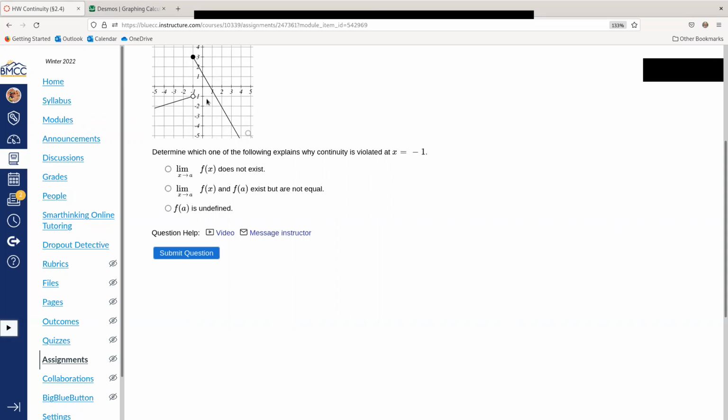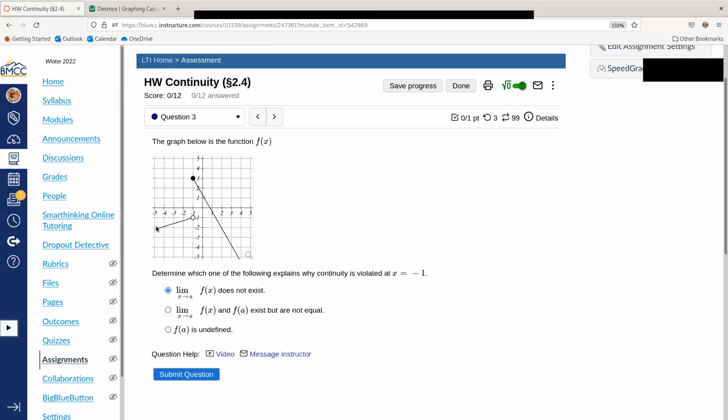Since it doesn't mention the left or the right side, the limit does not exist. So that's my reason right there. I can't even get to this rule because the limit doesn't exist. I can't talk about if they're equal because there ain't no limit. So that would be the reason I'm violating continuity here: what's happening on the left side of x equals -1 does not match what's happening on the right side of x equals -1.